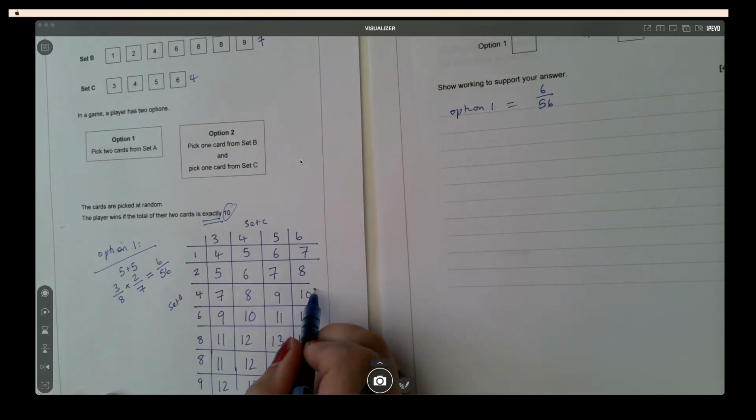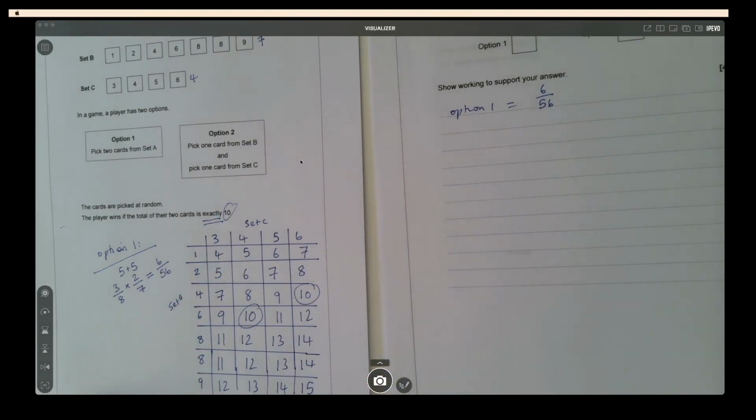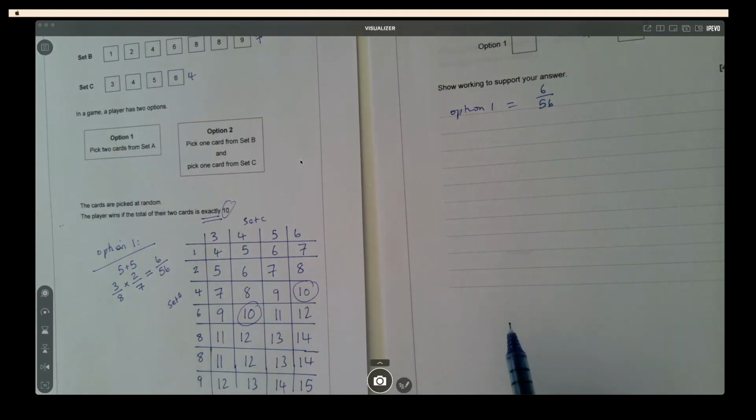Exactly 10 then, so 1, 2. So out of all of those possible outcomes, there are 2 that give us a total of exactly 10.